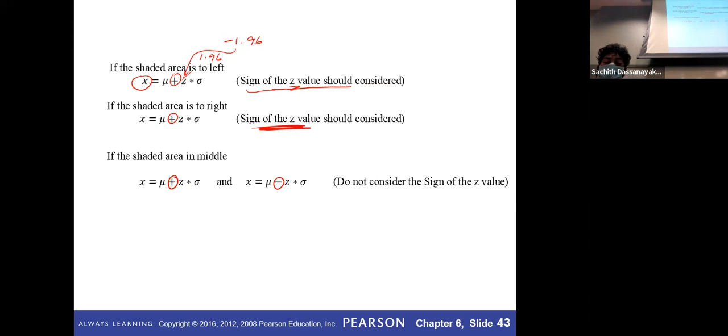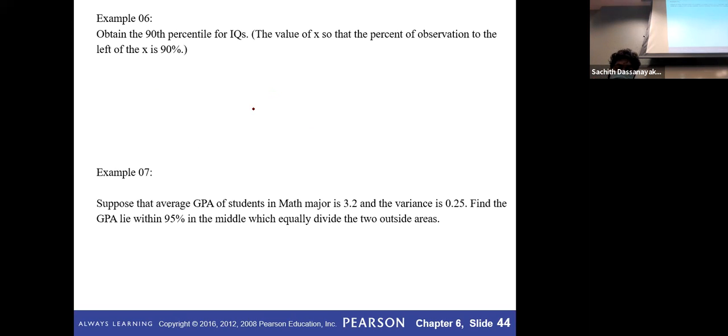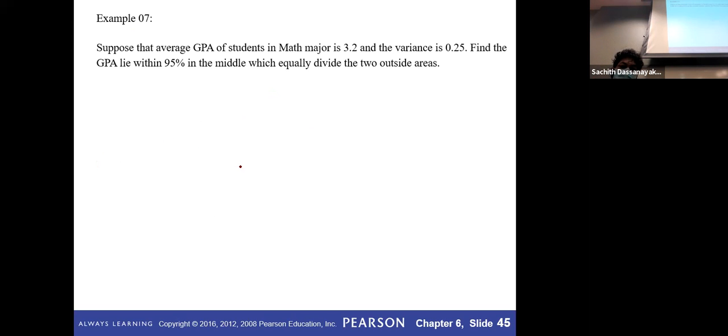Let's check this one. This is example 7, the last example. I just copied it here. In this case, the math major mean is this much and variance is this much. I told you last time the relationship between variance and standard deviation.